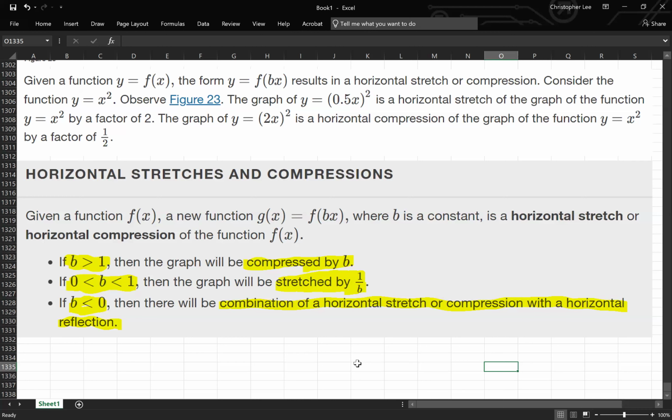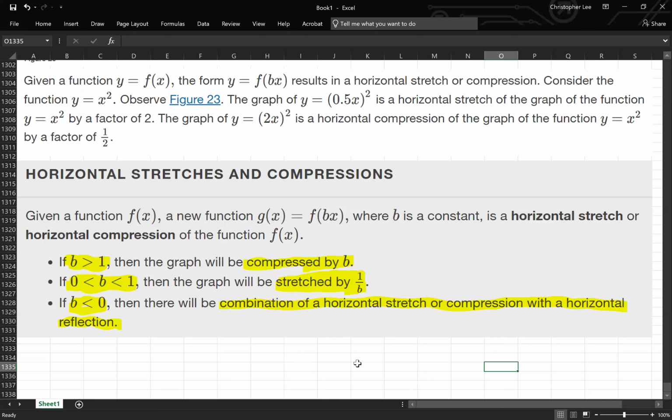So 16 is up there. That's the y. Yeah, you're compressing, so you're going up faster.